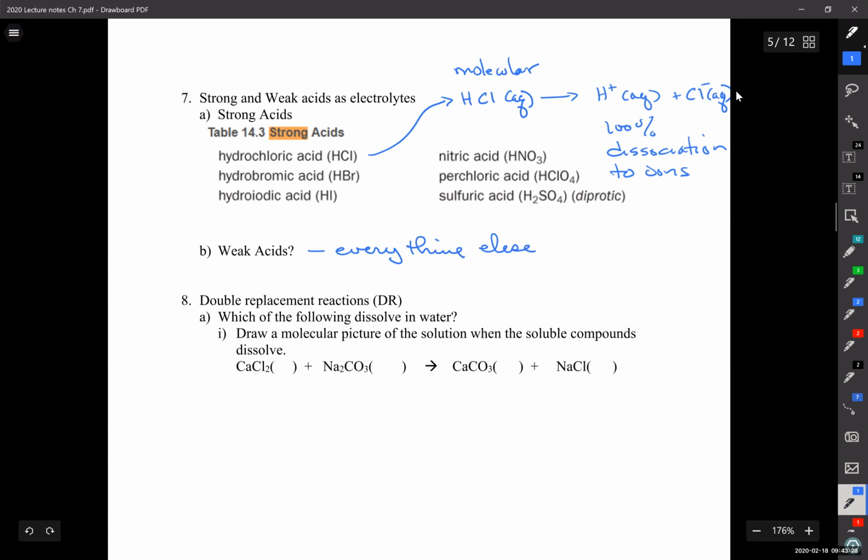So nitric acid is this, so this is strong. This is nitrous acid. It's weak. But it's everything else. Literally, all the other acids that we deal with in this class will be weak acids, or if it's a strong acid that you don't know, then I'll tell you it's strong.